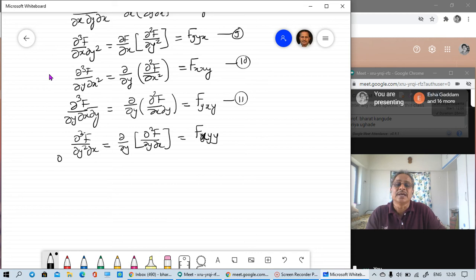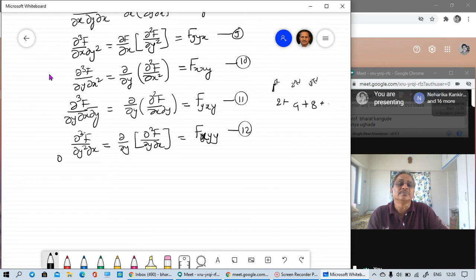So f_xyy, that is equation number 12. So earlier 4 equations were second order differentials, and these 8 are the third order differentials. In the first order there are 2 equations, second order are 4, and third order are 8.